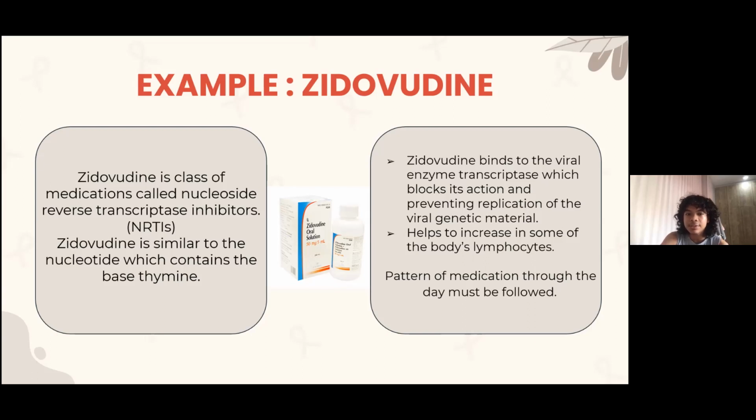This helps to increase some of the body's lymphocytes. The pattern and timing of medication through the day must be strictly followed. People who are unable to keep to this pattern can become susceptible to strains of HIV that have developed resistance.